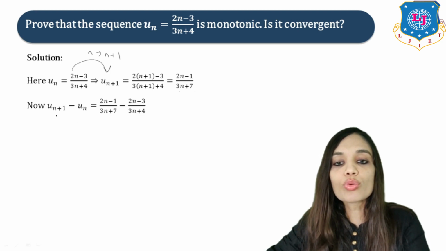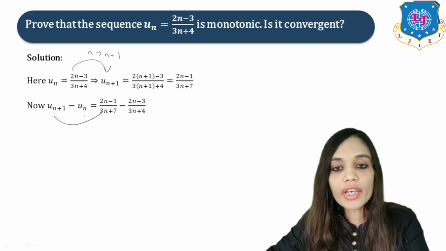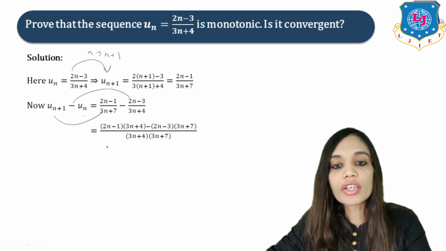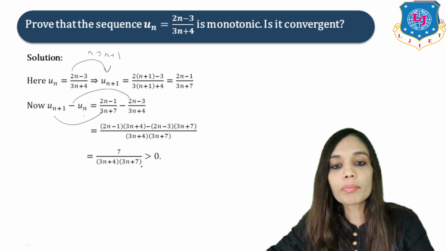Now we will find u(n+1) minus u(n). So put the values of u(n+1) and u(n). Take your LCM, and on taking LCM and simplifying, you will get u(n+1) minus u(n) as 7 upon (3n+4)(3n+7).